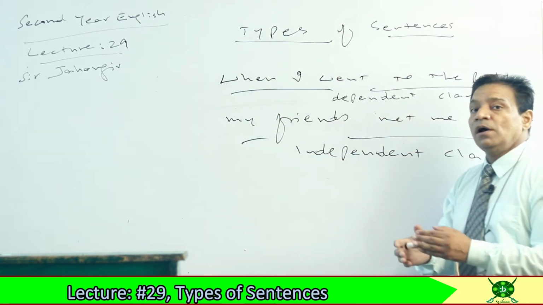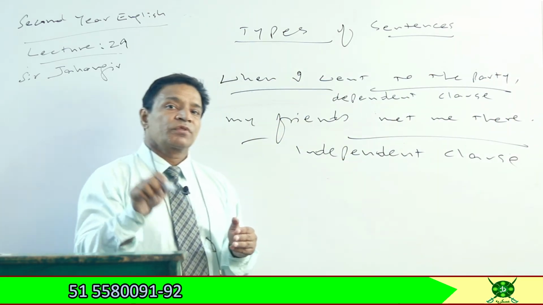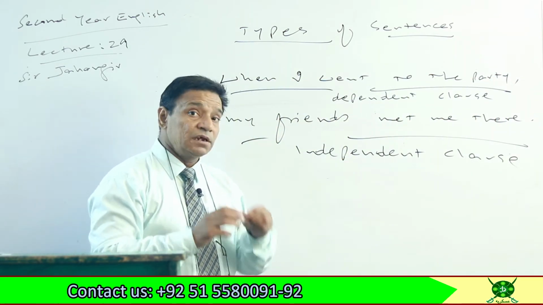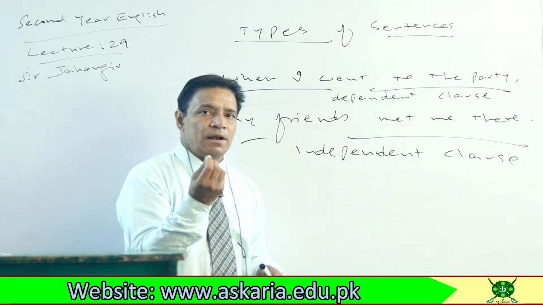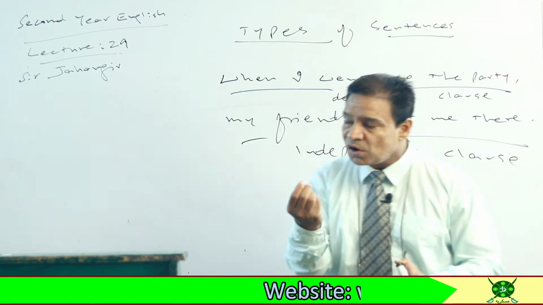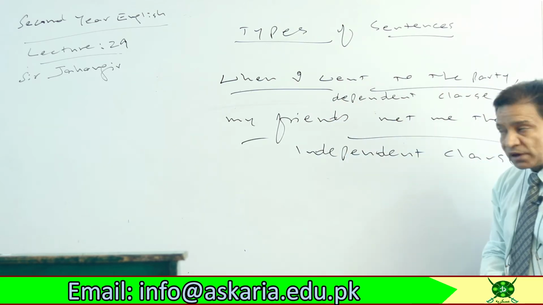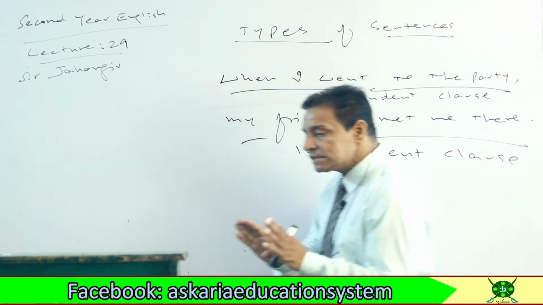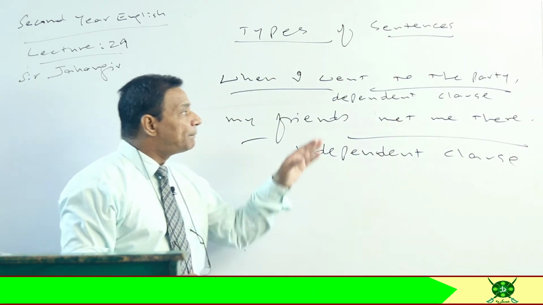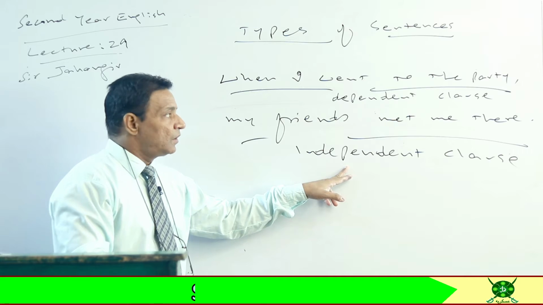What I told you, clause means a sentence within a sentence. If someone asks what is a clause, you may say a sentence within a sentence. And then the two main clauses, dependent and independent. Dependent clause depends on an independent clause.